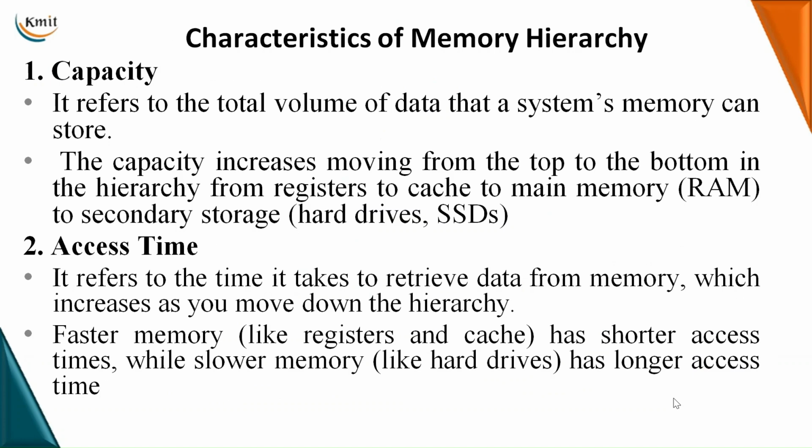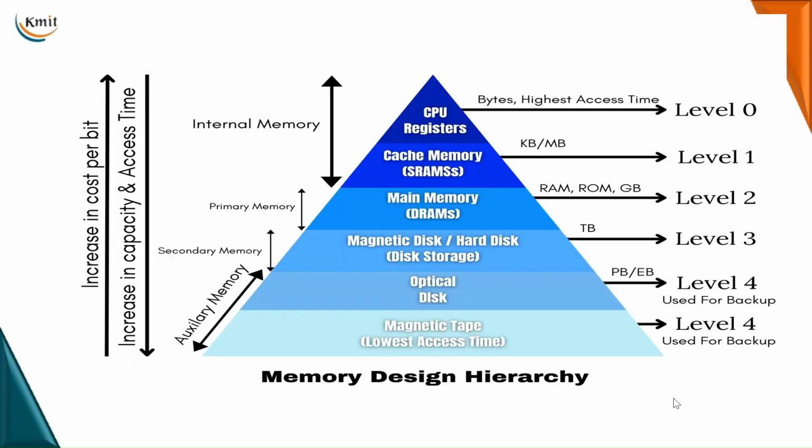If you look at the hierarchy from top to bottom, the capacity increases moving from top to bottom. The top of the hierarchy contains your CPU registers. Next comes cache memory, main memory, magnetic disks or hard disks, optical disks and magnetic tapes.